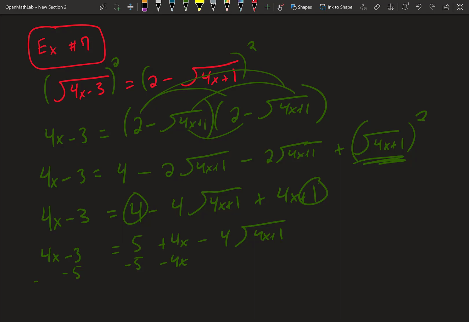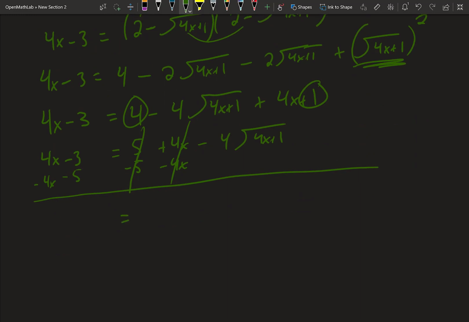Whoops, 4x. So those are gone, that's gone. What I'm left with on the right-hand side is negative 4 times the square root of 4x plus 1. And on the left-hand side, those cancel, so I'm left with negative 8. Right? And then now I can divide both sides by negative 4. So we get positive 2 equals the square root of 4x plus 1.